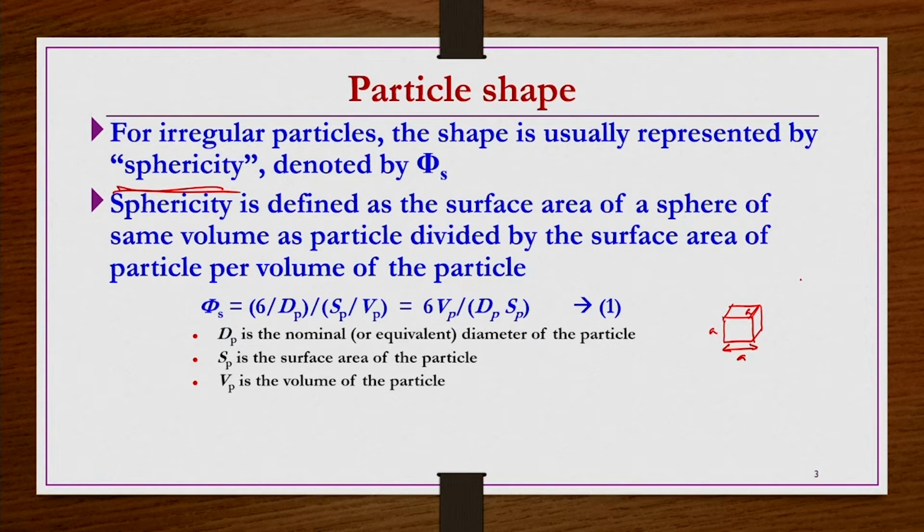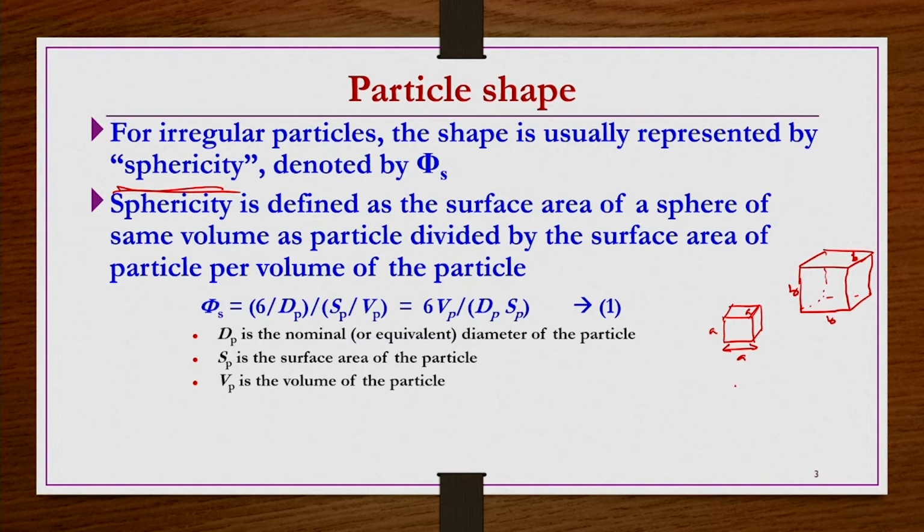Now, you take another cubical particle, but of a different size. So, B, B, B, where A is not equal to B, they are not proportional to each other, and let us say B is much higher compared to A.